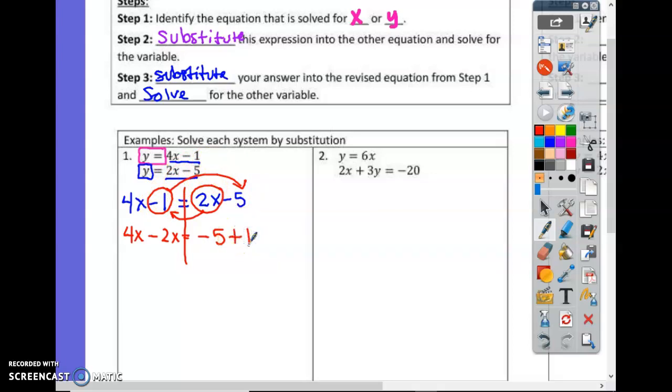Okay? Combine like terms. You can use decimals if you want to. If you don't know how to add negative 5 plus 1, you can put that in decimals. But what is 4 minus 2? 2. 4 minus 2 is 2x. Okay? 4x minus 2x is 2x.